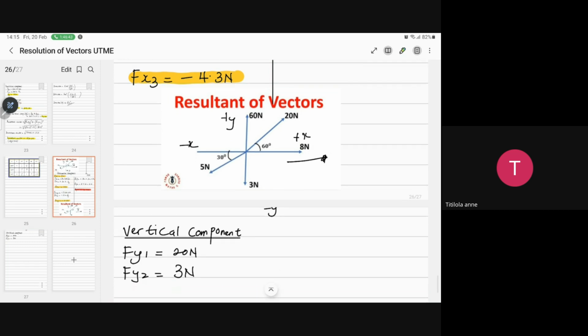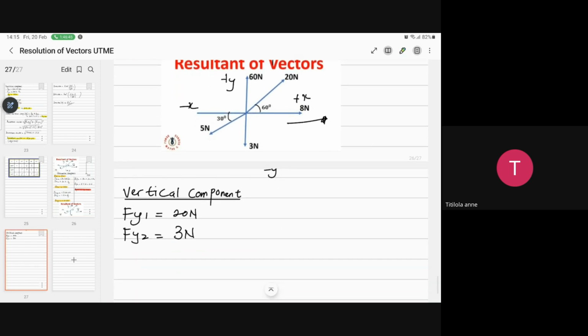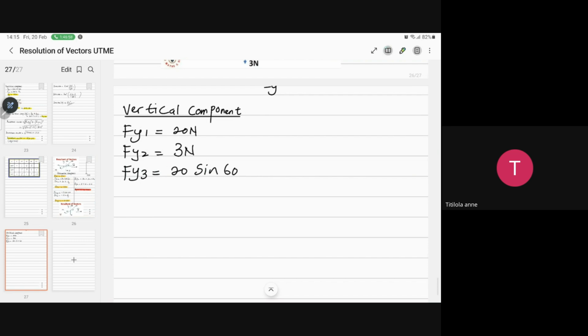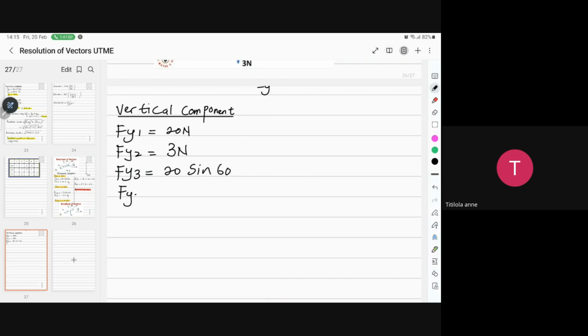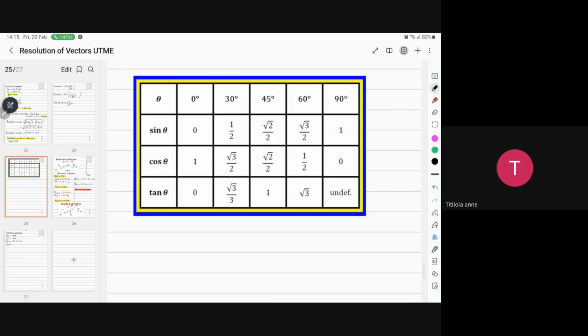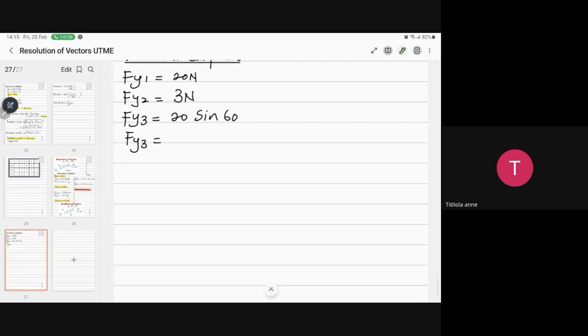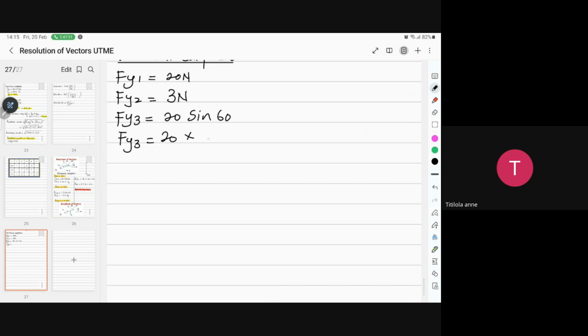So having said that, we have 8 Newton, 20 Newton, 3 Newton. So let's resolve that of 20. So 20 is going to be sine. So Fy3 is going to be 20 sine 60. Sine 60 for special angle is root 3 over 2. But you're expected to know these things offhand, actually, for your exam. So this is 20 times root 3 over 2.